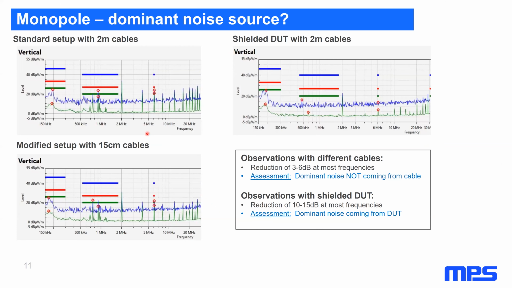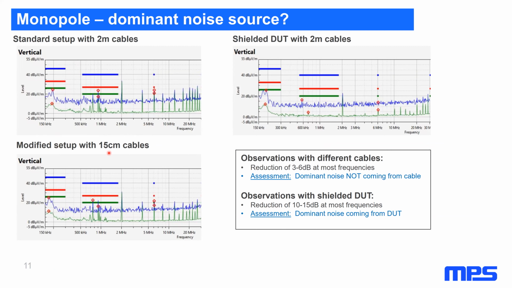Okay, so we start off in the monopole range, and the upper left corner here is our original measurement. If we look at the two plots on the left side, the bottom is the same setup as the top, with the DUT unshielded in both.